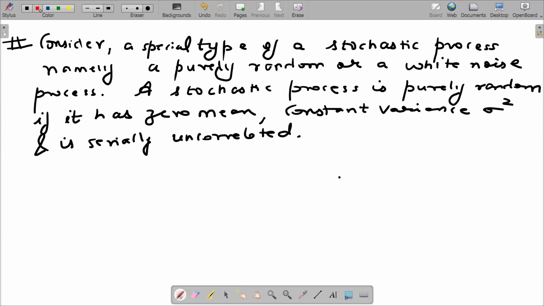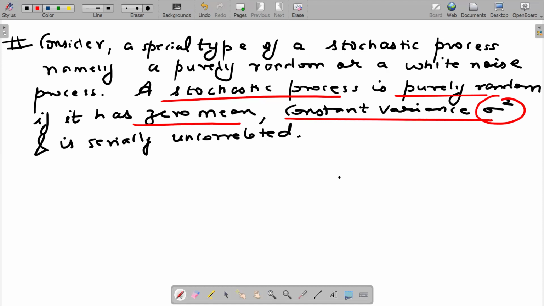So students, this is important. We say that a stochastic process is a purely random process or a white noise process if it has a zero mean, a constant variance called sigma square, and is serially uncorrelated.